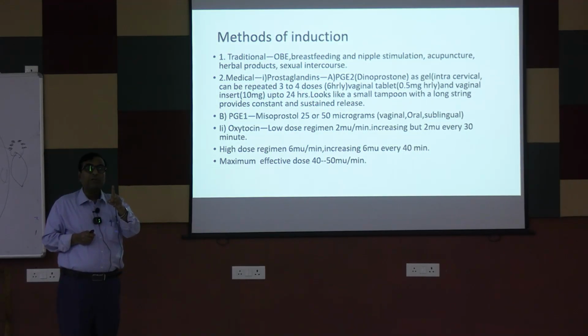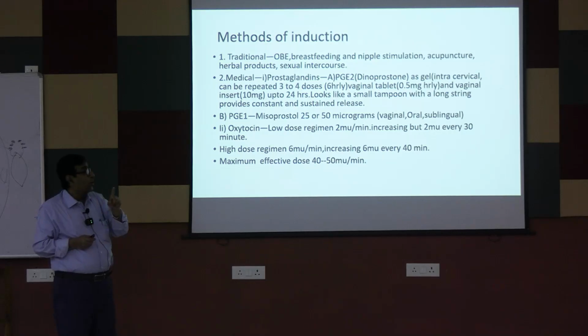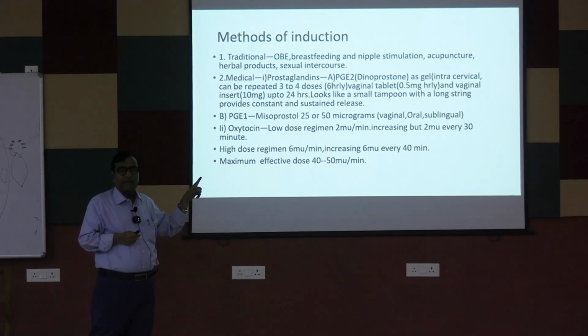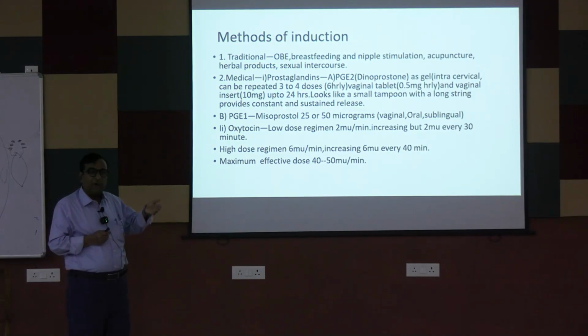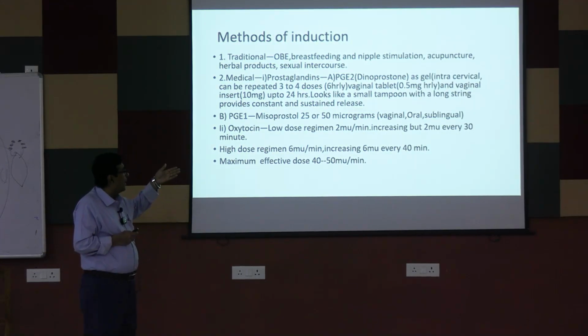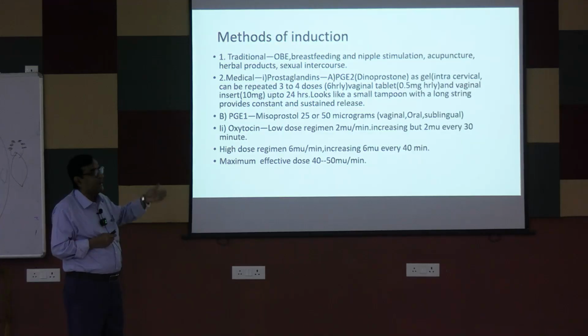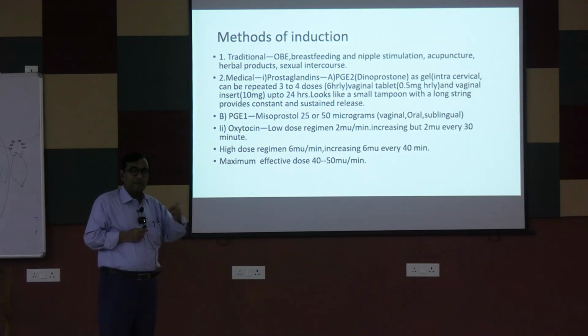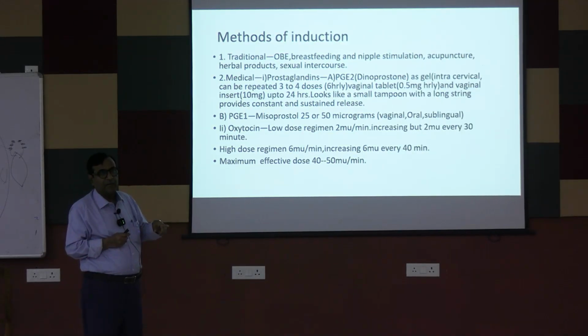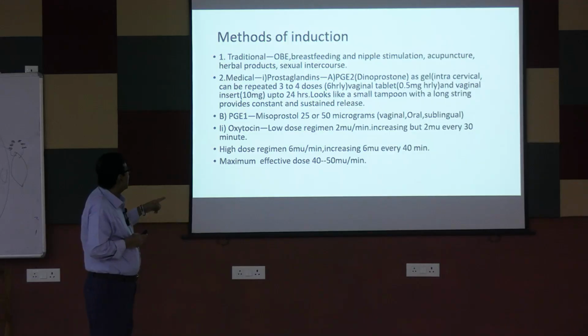That means 2 milliunit in 1 milliliter. 1 milliliter is equal to 15 to 16 drops. So if I give oxytocin drip at the rate of 15 to 16 drops, she will get 2 milliunit per minute. This calculation is asked in examination. How will you prepare this?